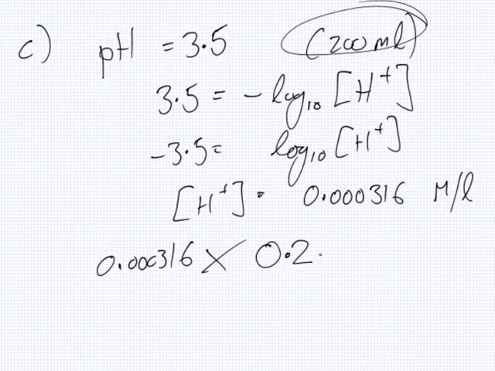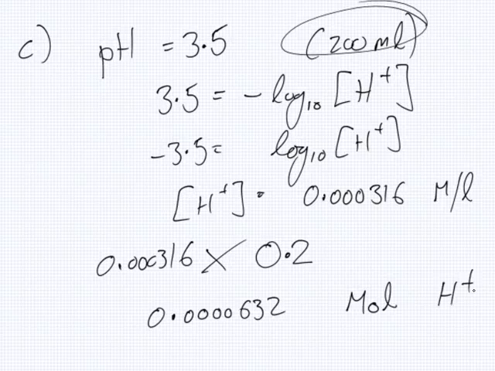And what do we get here? If I multiply this by 0.2, of course I get a smaller number. 0.0000632 moles. And this is moles of what? Our positive hydrogen ion.